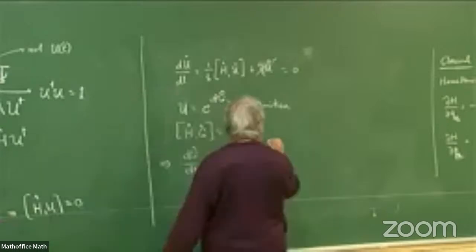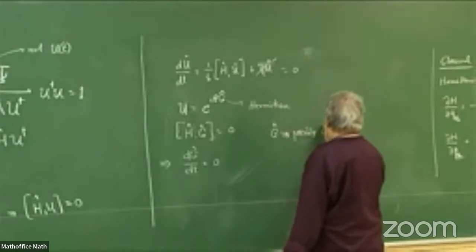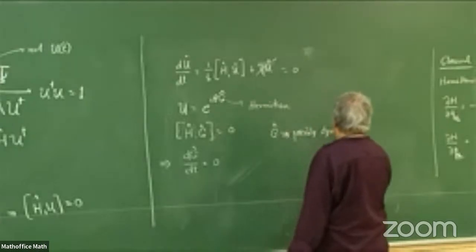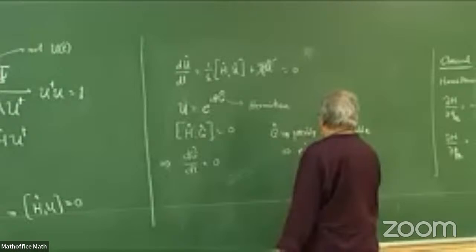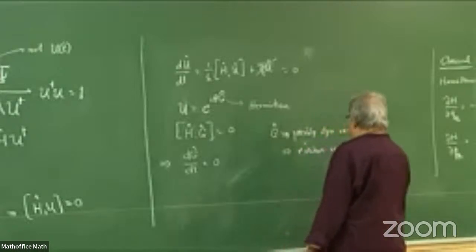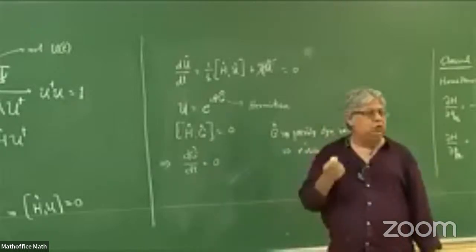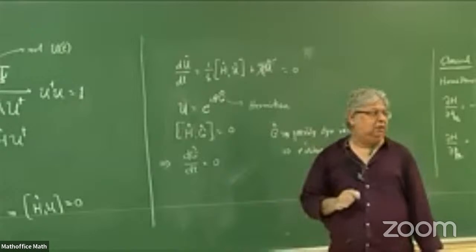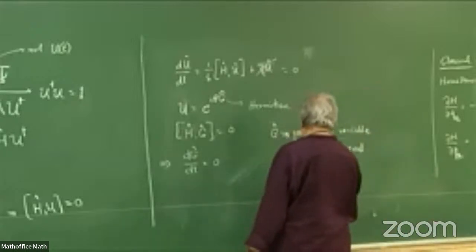So G is a possible dynamical variable. Its eigenvalues are real, and G doesn't change with time. The eigenvalues do not change with time, so they are constant.